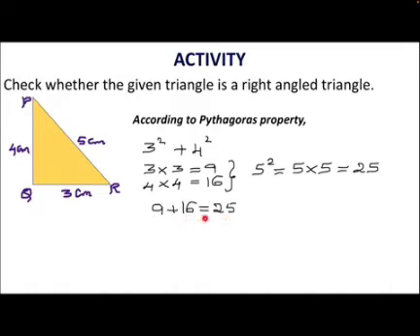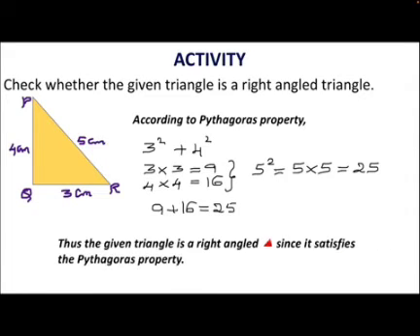Yes, it is equal. 9 plus 16 equals 25. That means the square on the hypotenuse, that is 5 squared, is equal to 4 squared plus 3 squared. So we can claim that this given triangle is a right-angled triangle. Thus, the given triangle is a right-angled triangle since it satisfies the Pythagoras property.